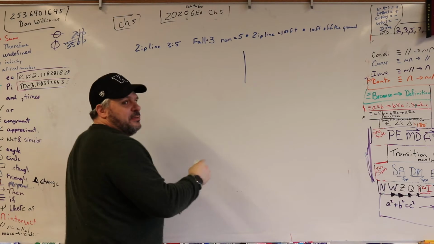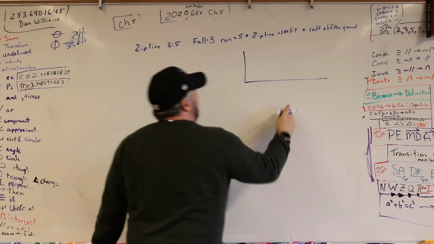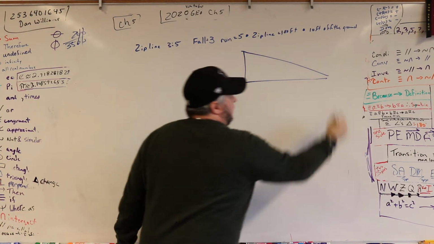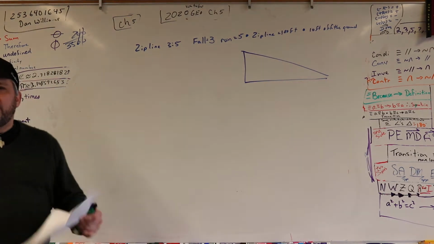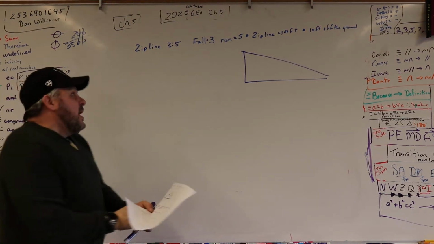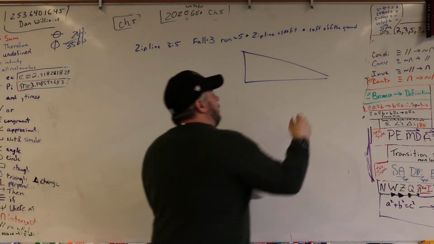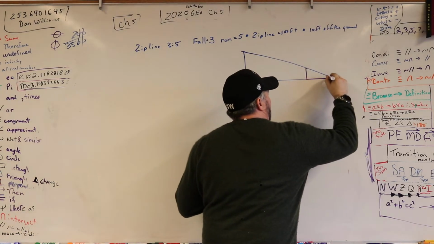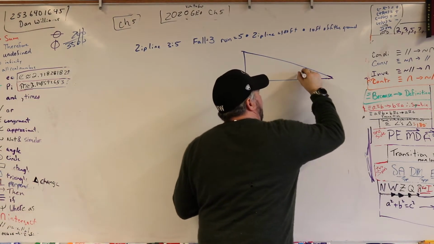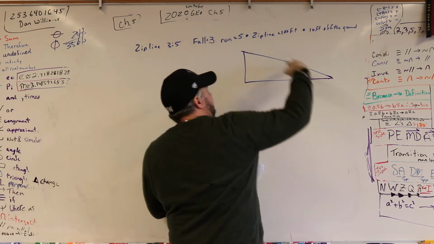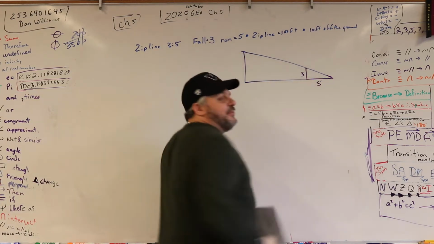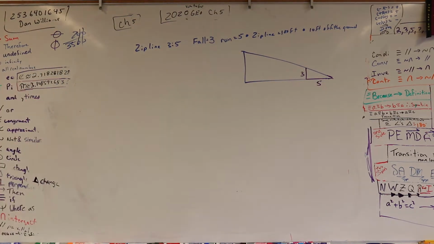Okay, we got a zip line, right? Let's draw a picture. What does a zip line look like? Goes like this, right? Now, what it's saying is that it has a zip line ratio of 3, because the fall is 3 and the run is 5, right? That's the zip line ratio.